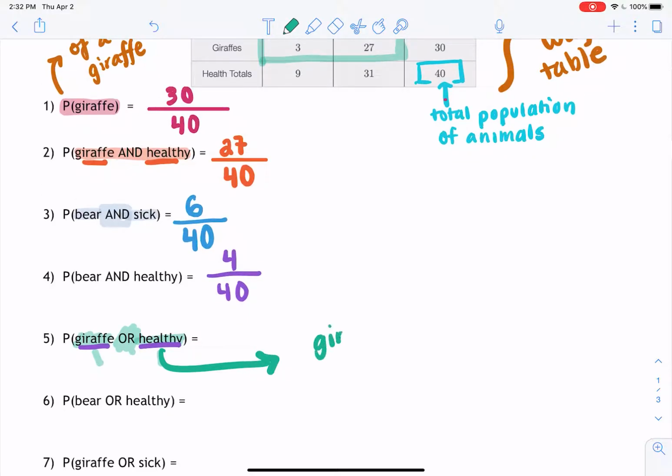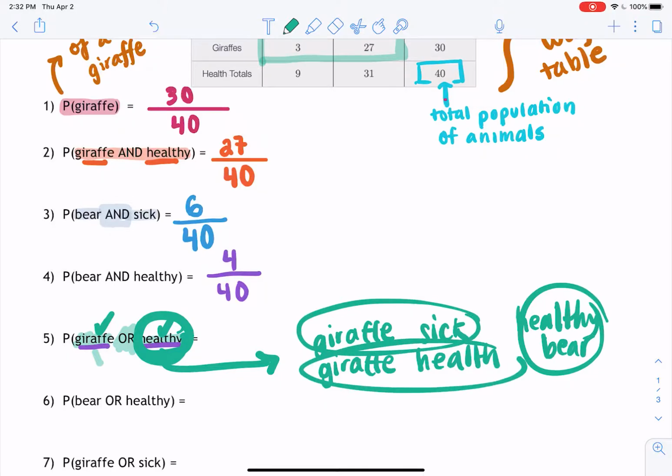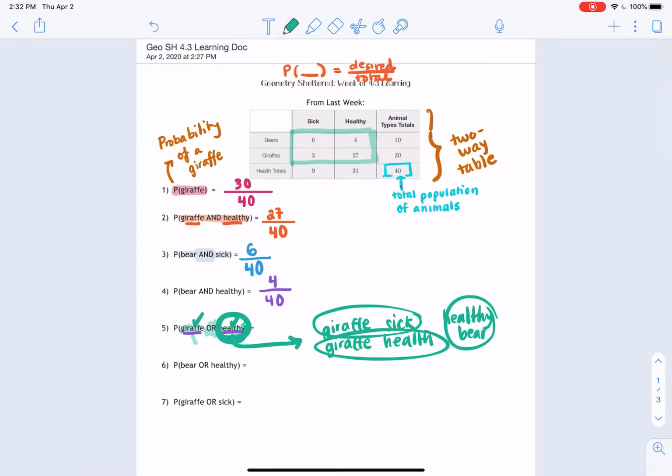So we want it to be a giraffe, and the giraffe could be sick. That's okay because it fits giraffe. It could be a giraffe that's healthy. That fits both giraffe and healthy. Or it could be just a healthy bear. So these are the 3 boxes in the two-way table that we want to be looking for.